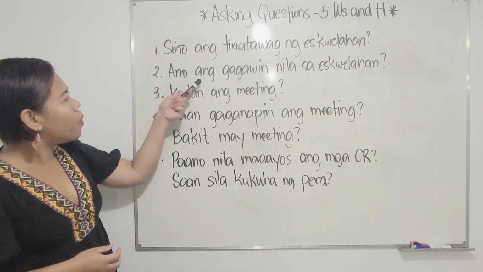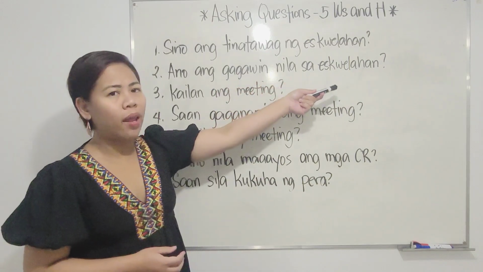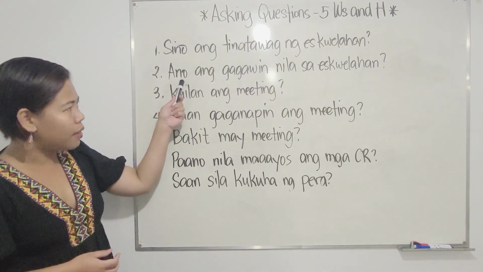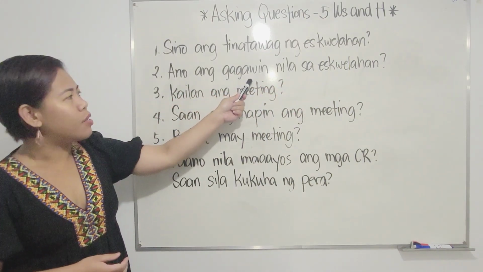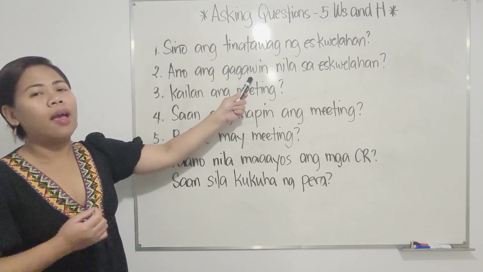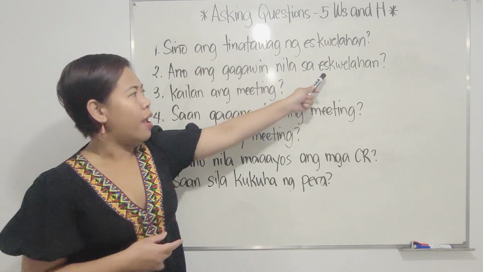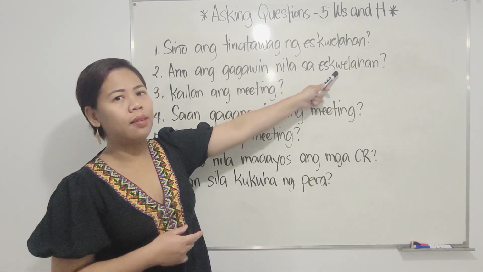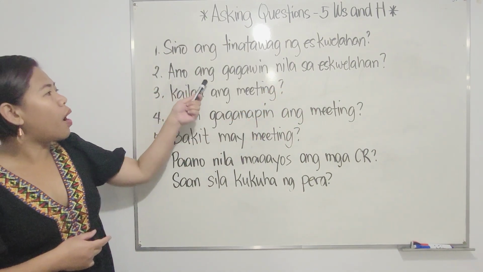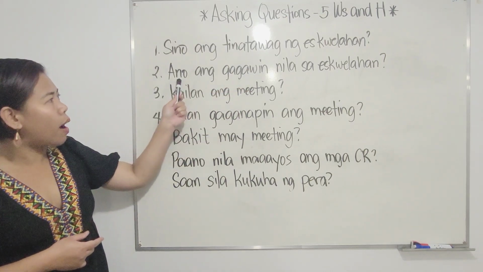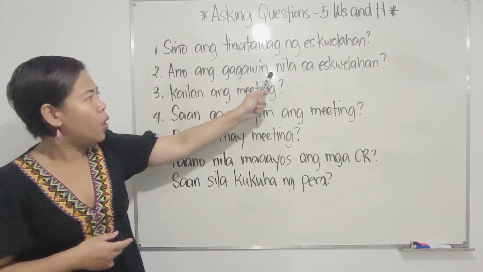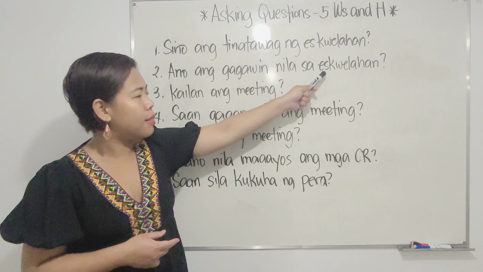Number 2, ano ang gagawin nila sa eskwelahan? Ano is what? Gagawin is from the word gawa, and that is to do. Nila is they, eskwelahan is school. So, ano ang gagawin nila sa eskwelahan? What are they going to do in the school?